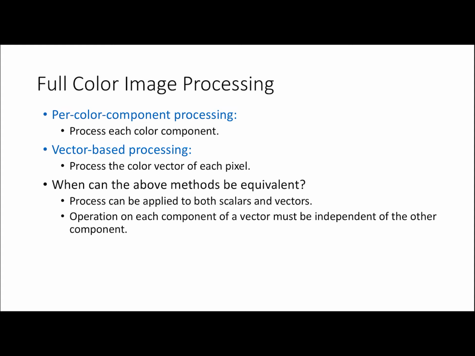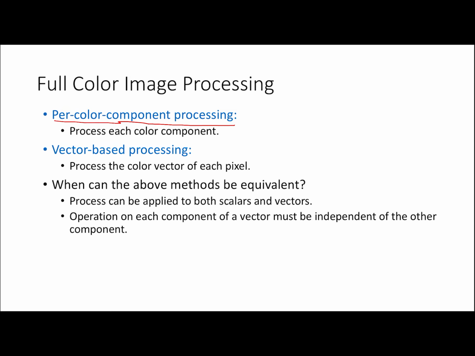One is per color plane processing, or per color component processing. In this category we process each color component of the color image, and then all the processed components are combined together to obtain the colored processed image.